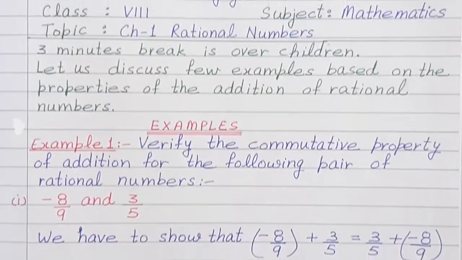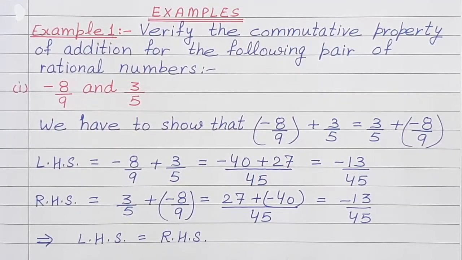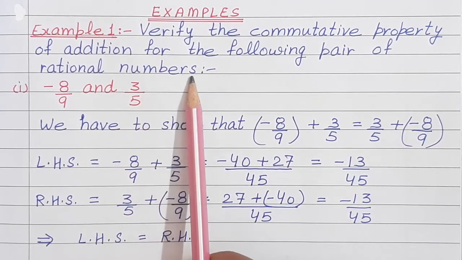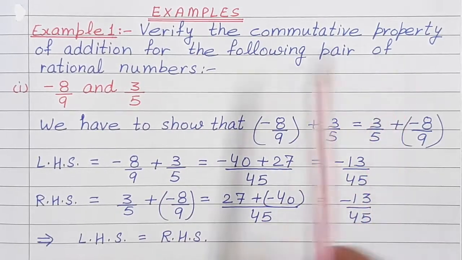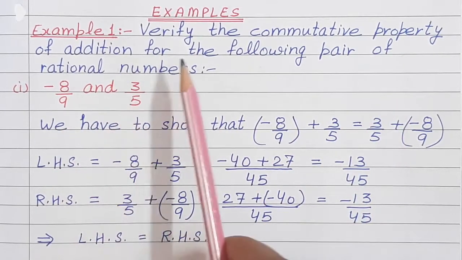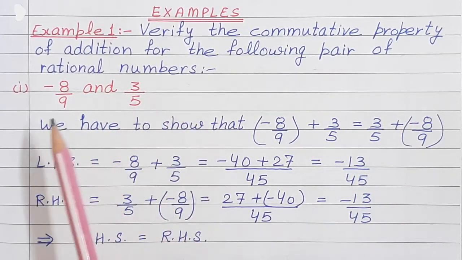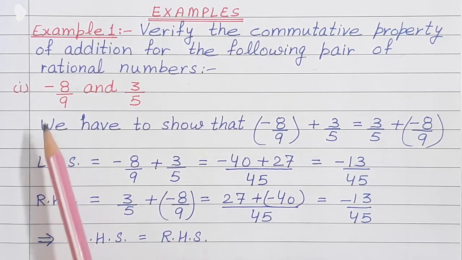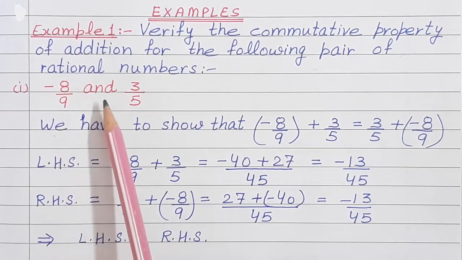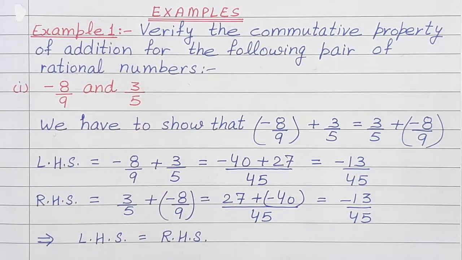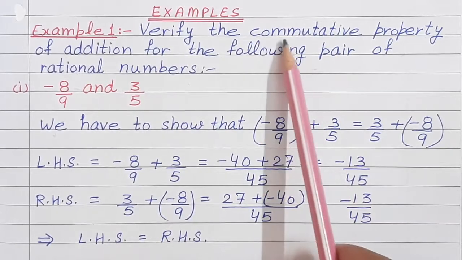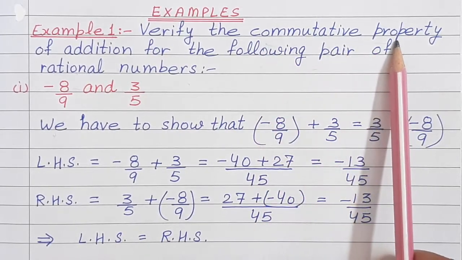So the first example here is: verify the commutative property of addition for the following pair of rational numbers. The first one is minus 8 upon 9 and 3 upon 5. Now, what is our commutative property?